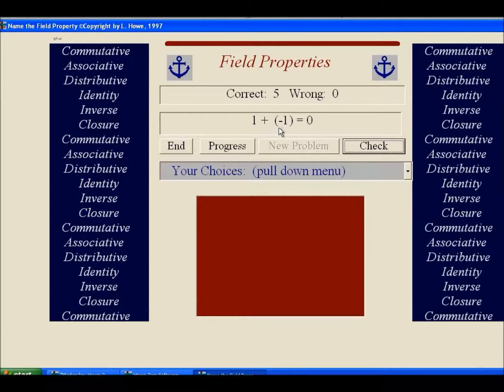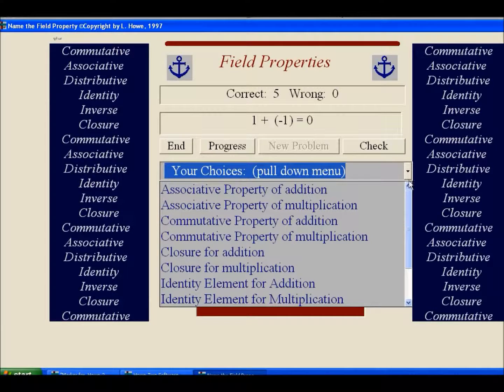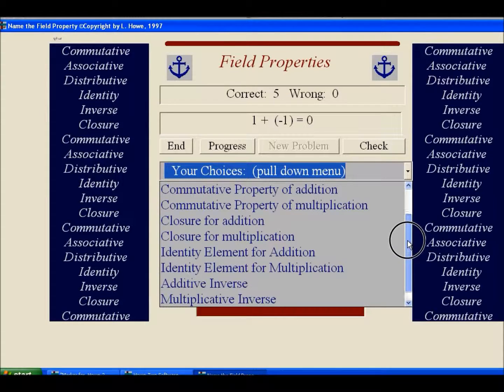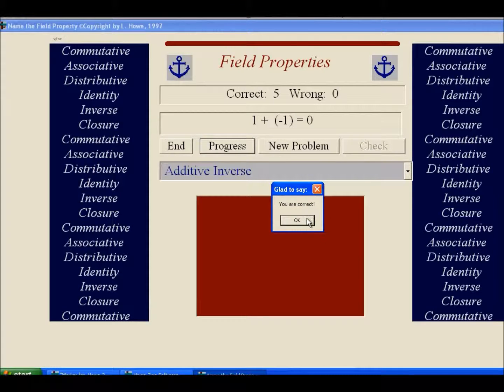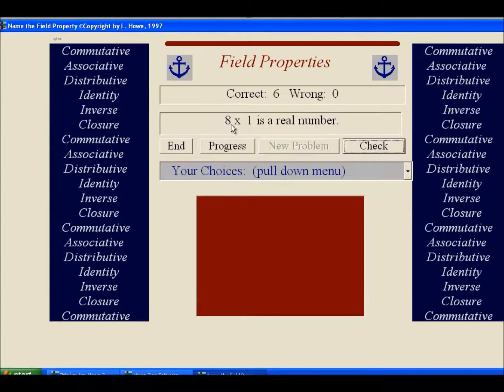New problem. 1 plus negative 1. This is a property of the additive inverse. Check, we win. 8 times 1 is a real number. This is what I was talking about. 8 was in the basket, 1 was in the basket. When we multiply them, we get an answer, and it's in the basket called real numbers.